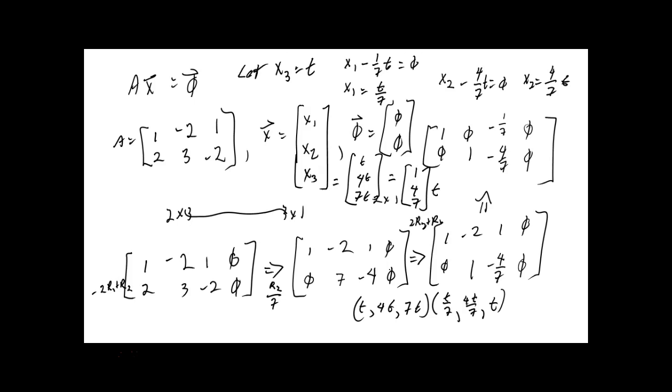Let's set t equals 0, and you have 0, 0, 0. But any other t you choose, plug it in, and you get solutions as well. They list a couple of them there: 1, 4, 7; 2, 8, 14; 0, 0, 0; negative 1, negative 4, negative 7. Any t multiple of those will work.